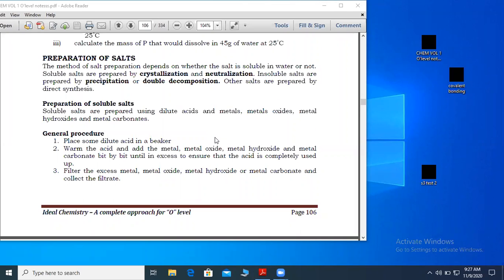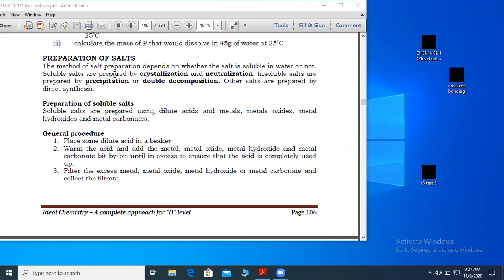Chlorides, we said all the chlorides are soluble except lead 2 chloride and silver chloride. But lead 2 chloride is soluble in hot water. I think you remember that. All nitrates are soluble. Anything that has a nitrate is soluble in water.